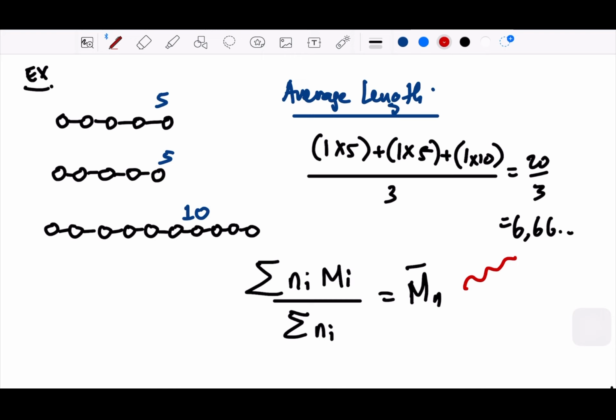Or you could say, since 5 and 5 are the same thing, just take 2 by 5 and the same number, right? Okay, so that's the number average.